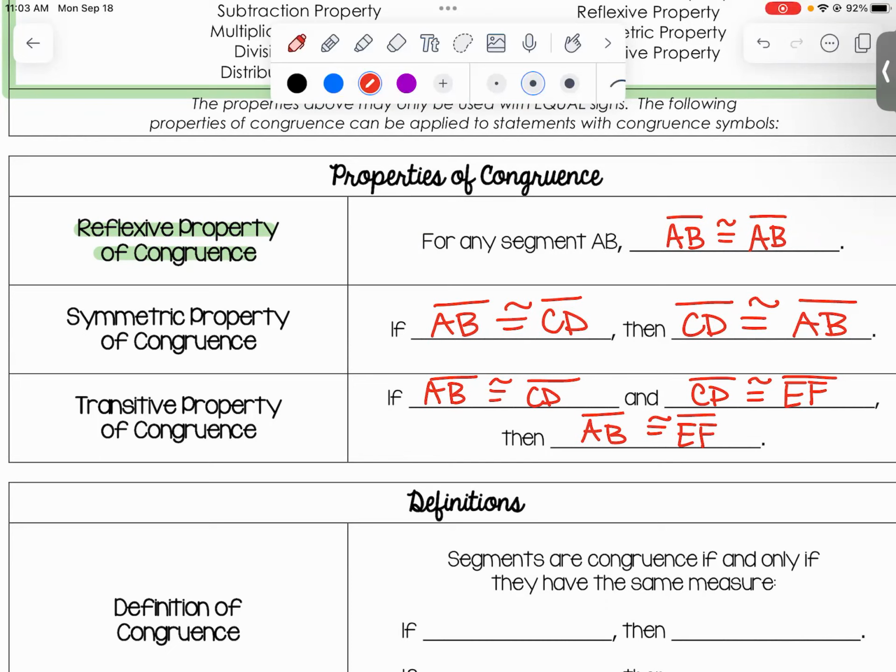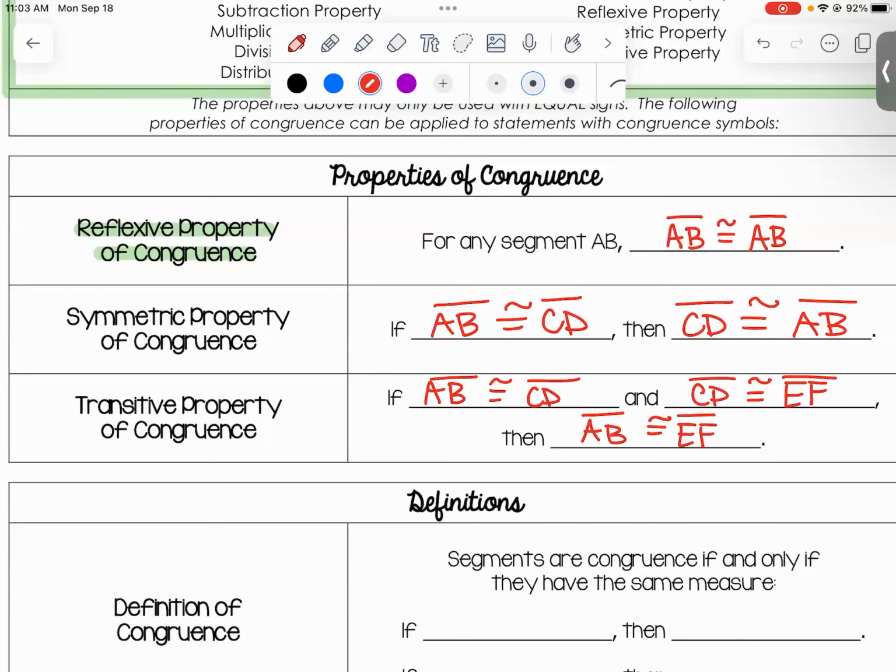Now, as you're writing that down, when we started talking about proofs last week, we said that we could use properties for reasons. We said we could use definitions for reasons. We can use postulates, we can use theorems. Now, we really didn't have to use postulates, theorems, or definitions last week because we were just working with algebra.